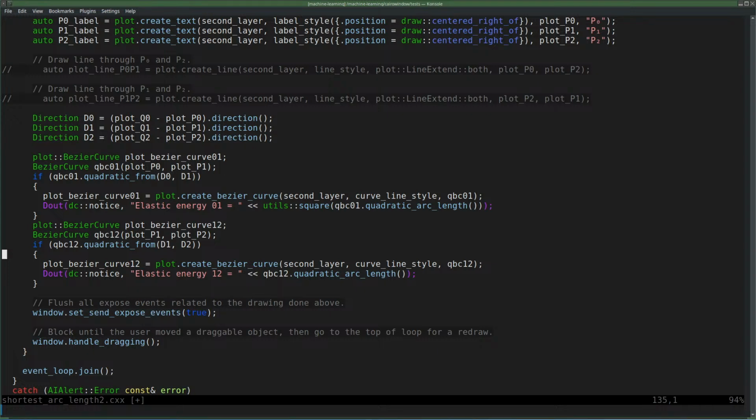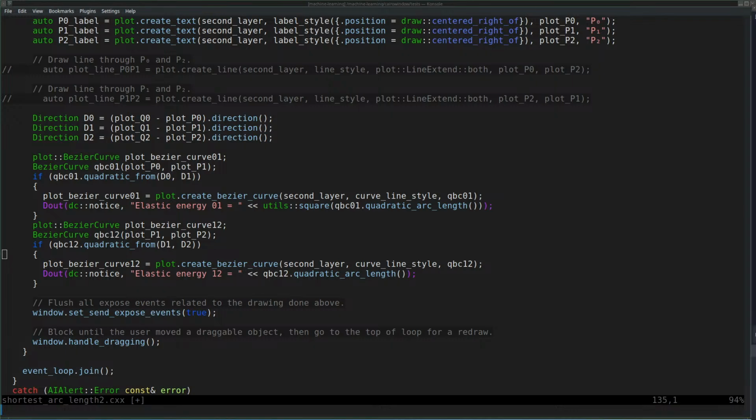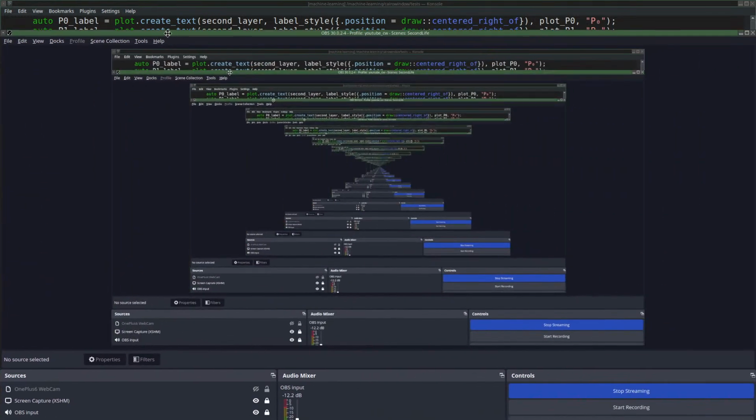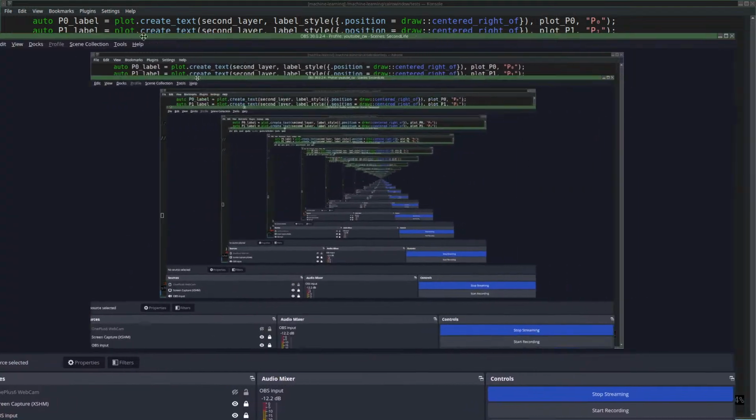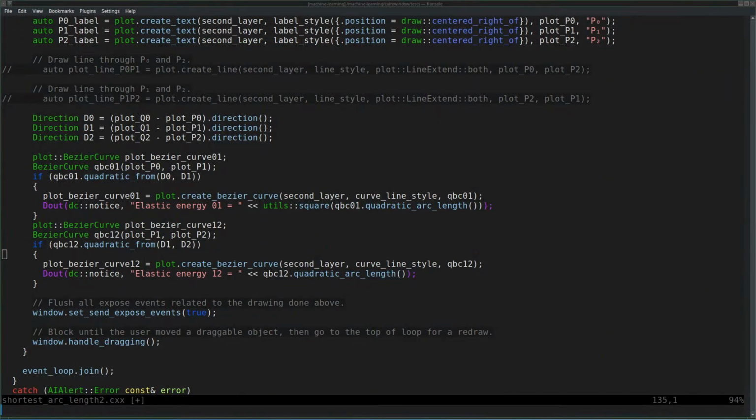Do you have out of scene screen, right? I don't know what you mean. What is that? Out of scene screen. I have OBS here. Probably not what you meant.